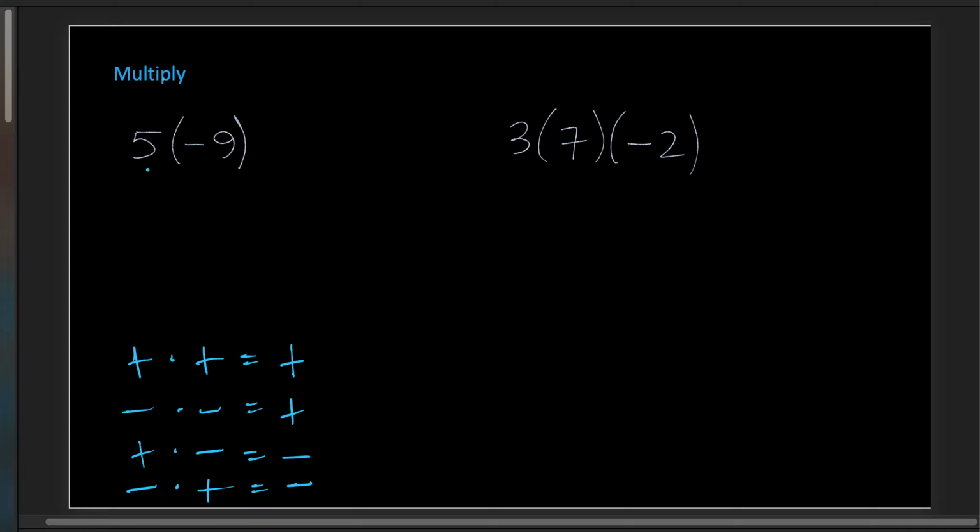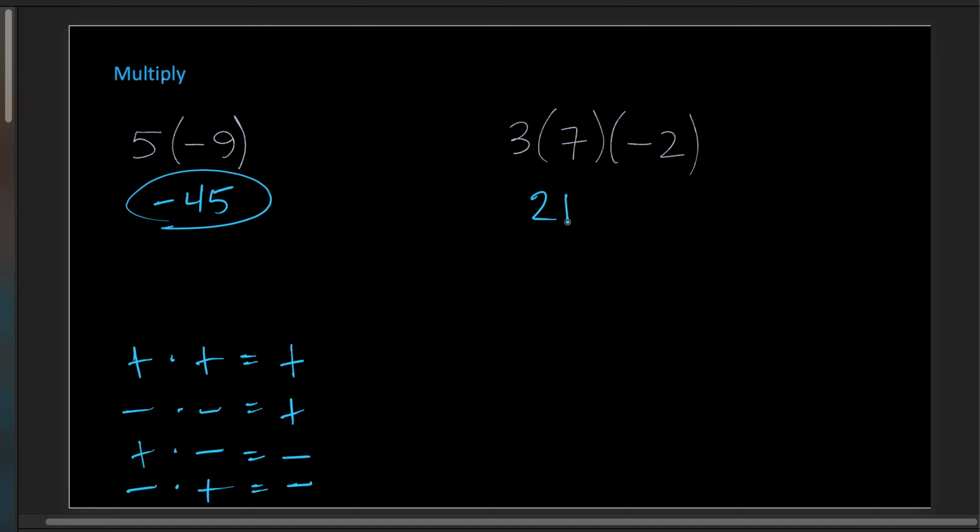So here we have a positive 5 and a negative 9, and they're being multiplied by each other. When you have parentheses like that, or they're sitting next to each other, that's multiplication. So you just remember your multiplication rule tables. So that's a negative 45. So here we have a positive 3 times a positive 7.